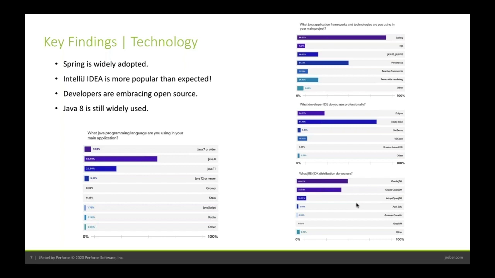It's interesting also if you look down in the bottom right-hand corner where we discuss the JDKs that are being used. Oracle JDK, I expect to continue to be a large amount. I think that this also corresponds with that Java 8 usage, because as you move away from those older Java versions, I believe people will be moving more and more to the open source JDK distributions.